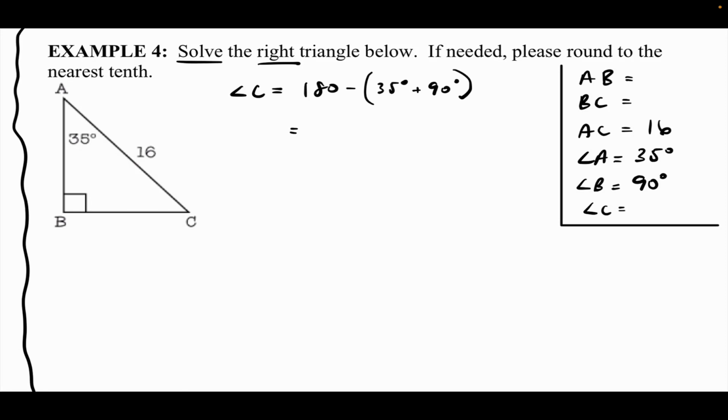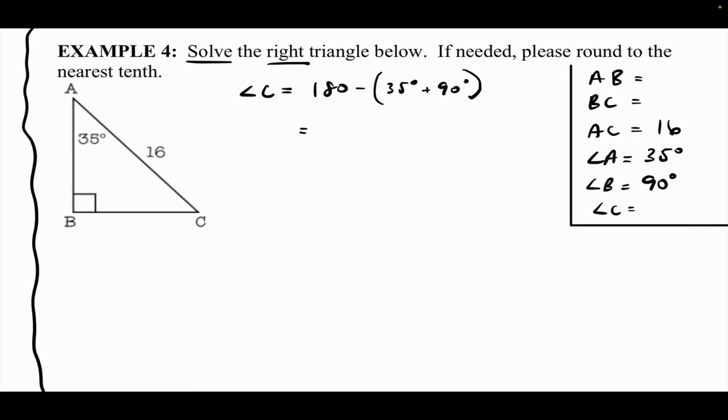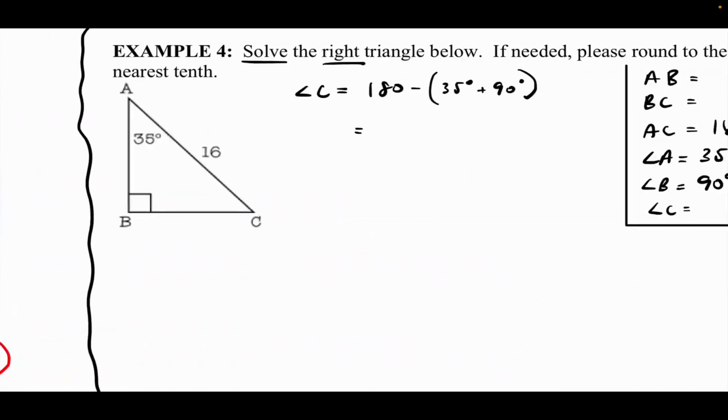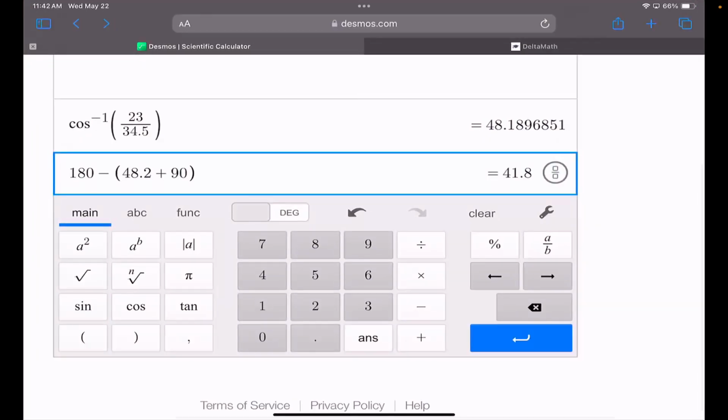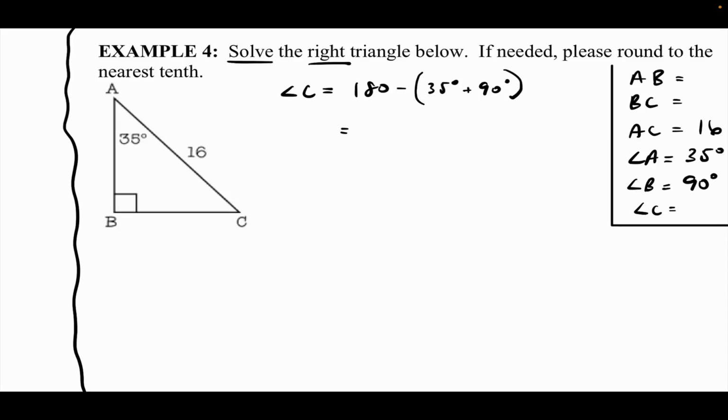Just like I did on the last one. So let's see. Good. Let's see. 35 plus 90 is 125, so the angle has to be 55 degrees.